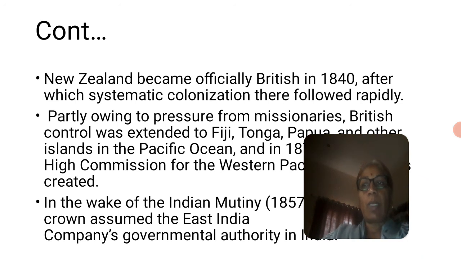Cyprus, which was, like Gibraltar and Malta, a link in the chain of communication with India through the Mediterranean, was occupied in 1878.